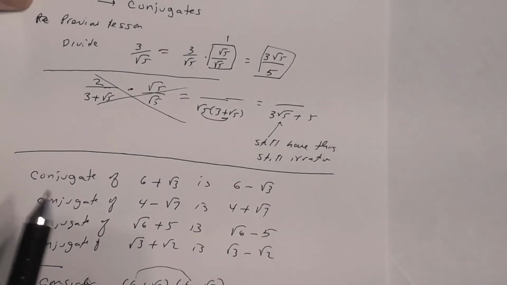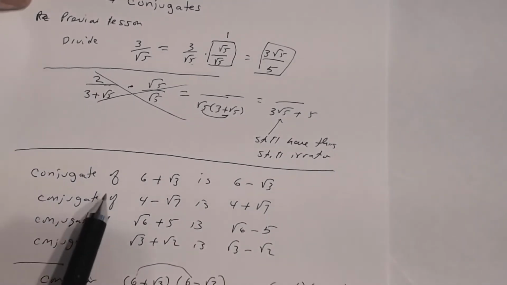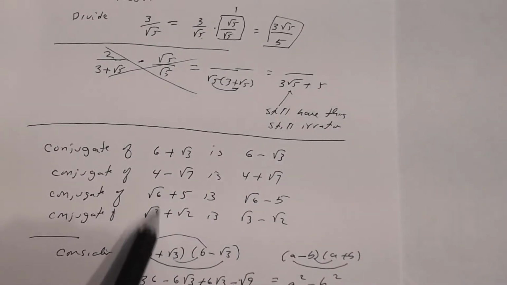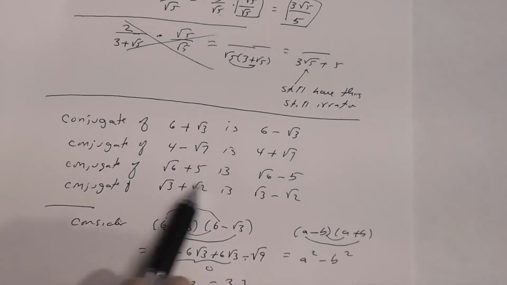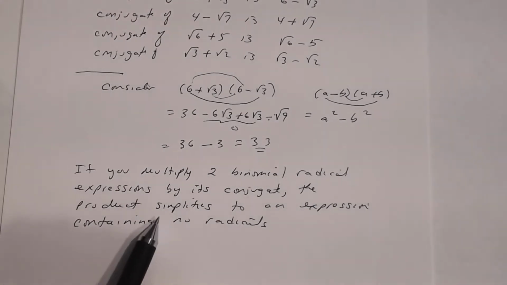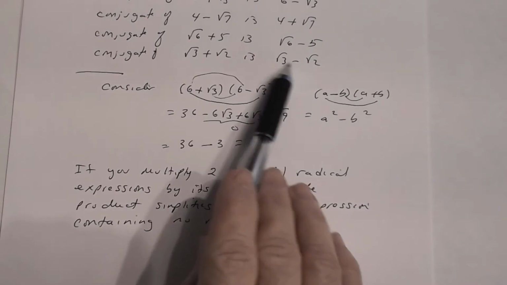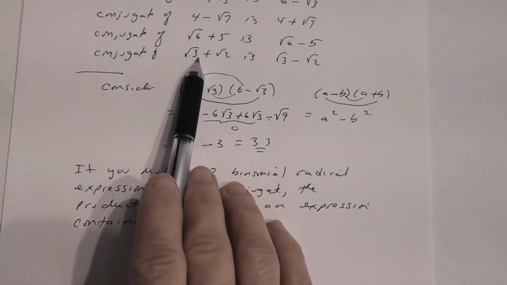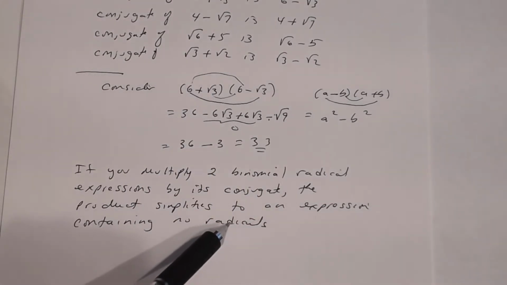All right. Now, before we go back and look at this problem or a problem similar to that, let's multiply another binomial and its conjugate. Let's do one with two square roots in it, because you're going to have that in a little while. So let's look at this one. Basically this statement says that if I multiply these two binomials that are conjugates of each other, I will end up with an expression that has no square roots in it.